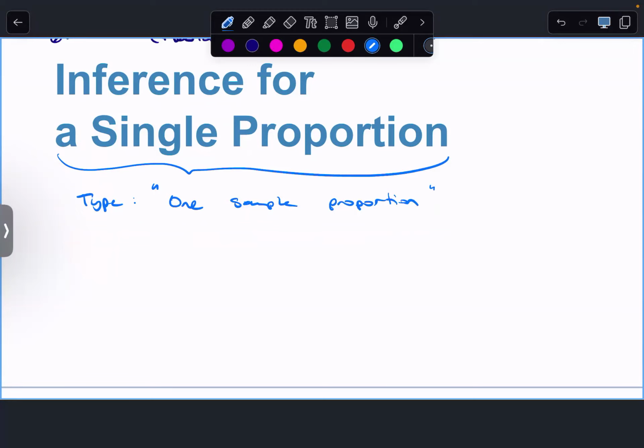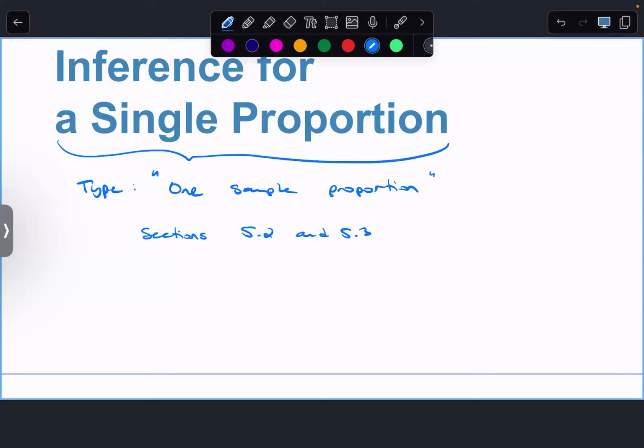We introduced it in sections 5.2 and 5.3. And we spent quite a bit of time there, and so that's why we can't afford to spend another day here. But we get to introduce another question type.